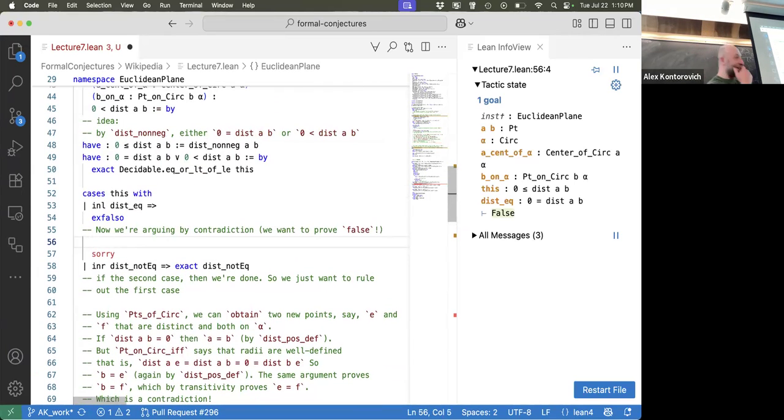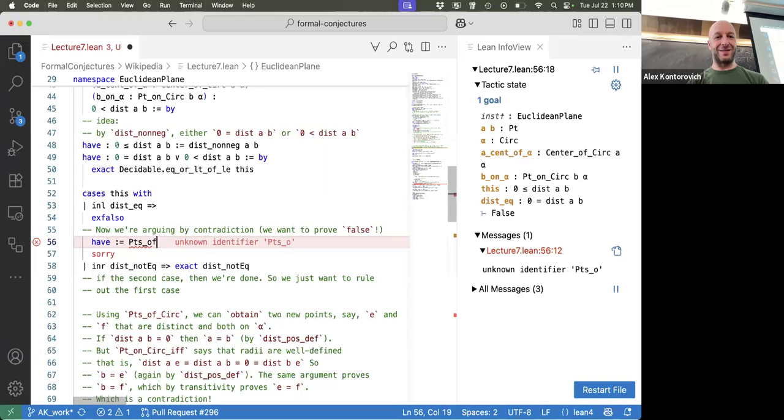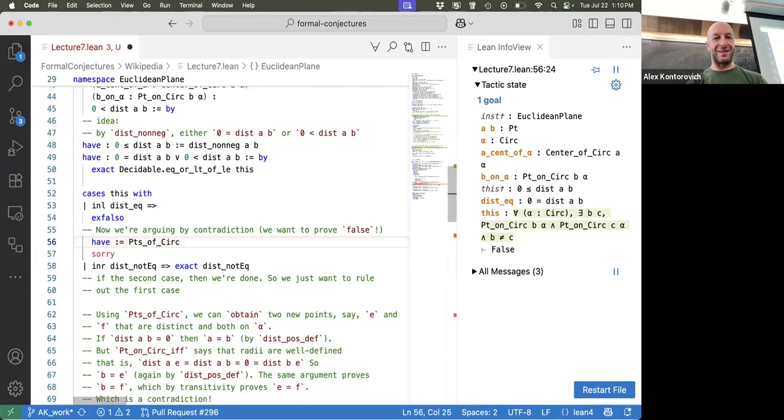Okay. So let's remember the idea. Using points of circ, we get 2 distinct points on the circle. Cliff? We do have points of circ, alpha. Beautiful. So have points of circ alpha says that there exist all of these things.